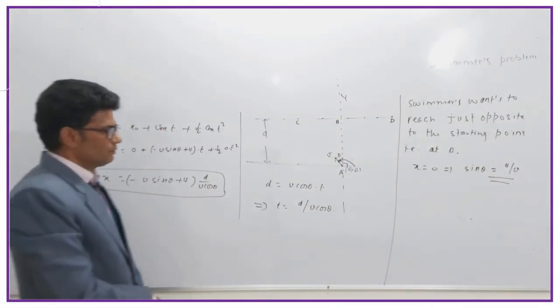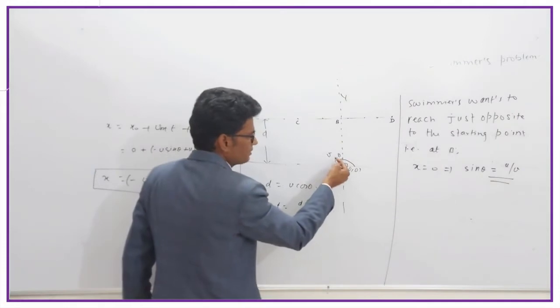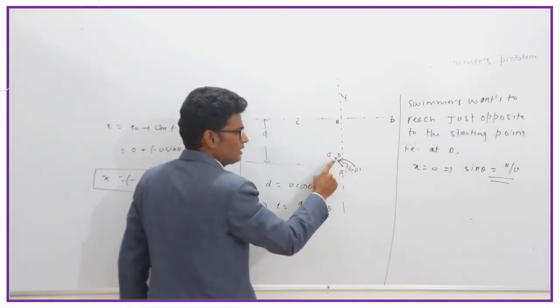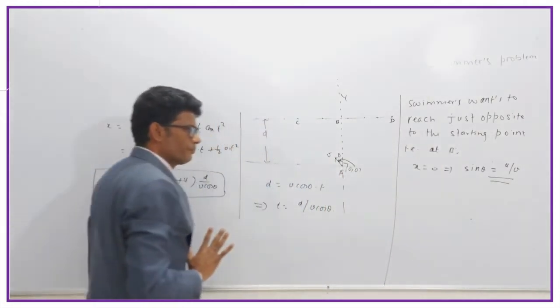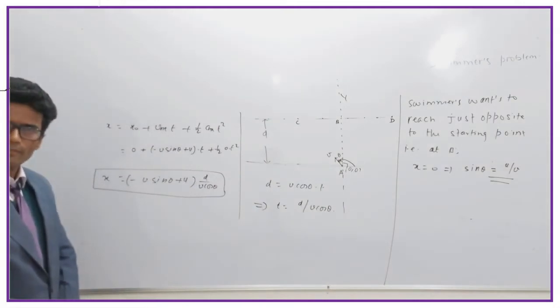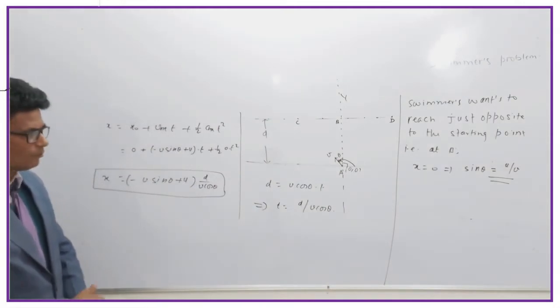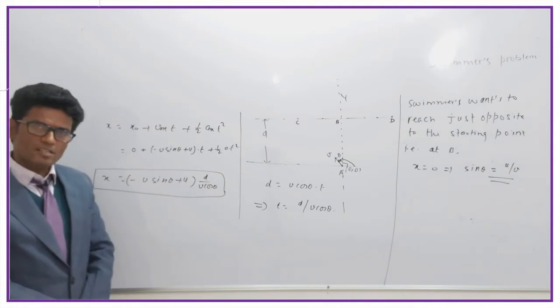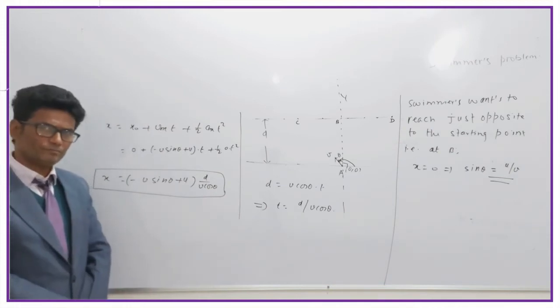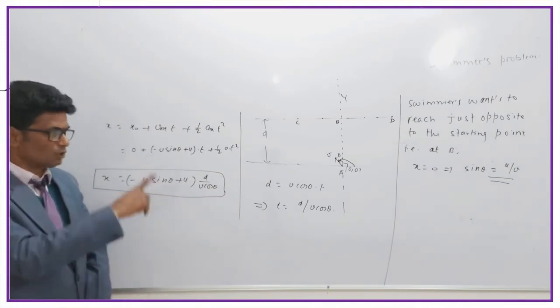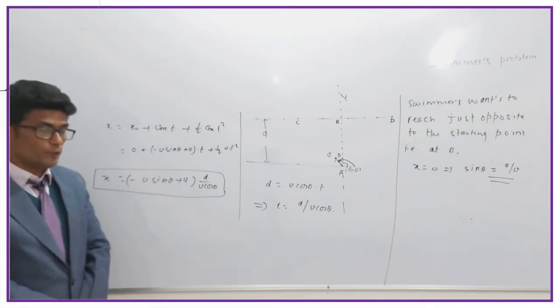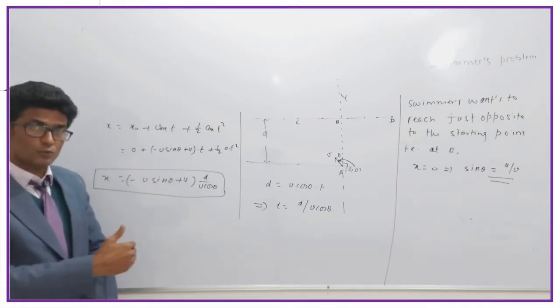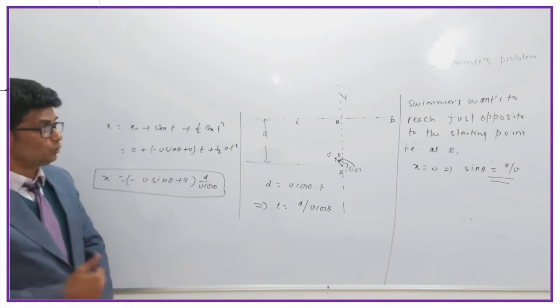It means the swimmer heads at an angle theta whose sine is u by v. Then guess what is the path of the swimmer? Which path does the swimmer follow to reach the point B?